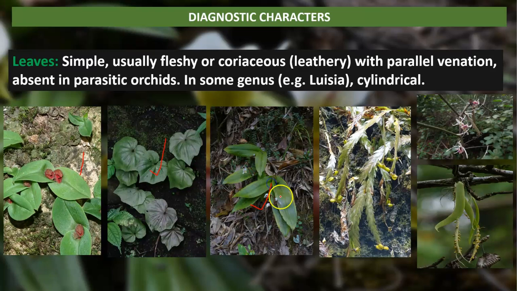You see the leathery look in this type of leaves and this also. And this is a member of genus Luisia, this one. And you see here these are the leaves, and the leaves are cylindrical like a stem.